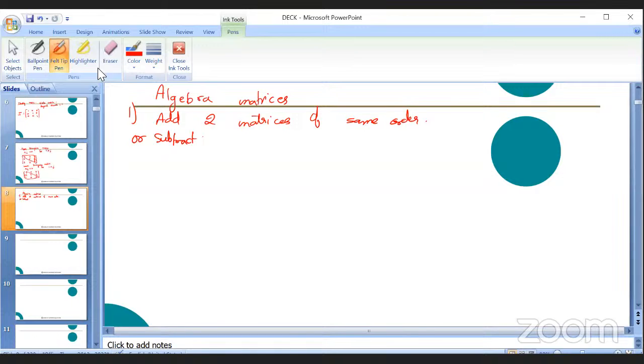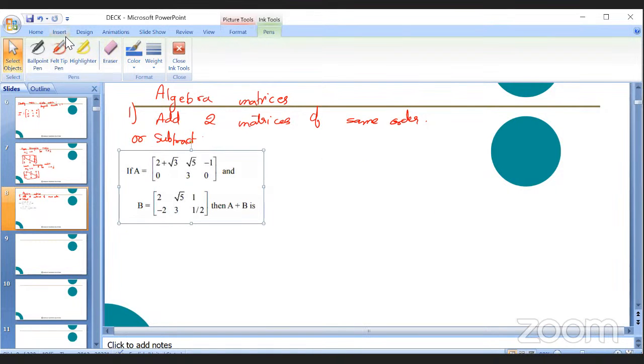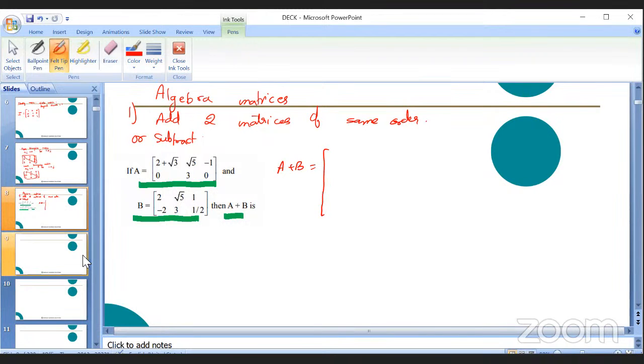For example, I'm giving you two matrices of the same order. This is matrix A and this is matrix B. We have to add A and B. How can we add A and B? Corresponding elements you have to add. 2 plus root 3 and 2, you have to add. Then root 5 and root 5, add up.